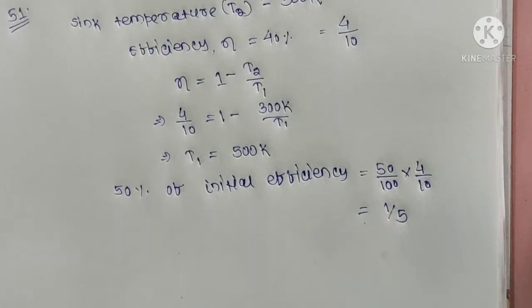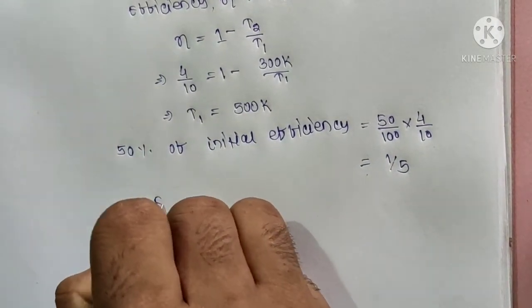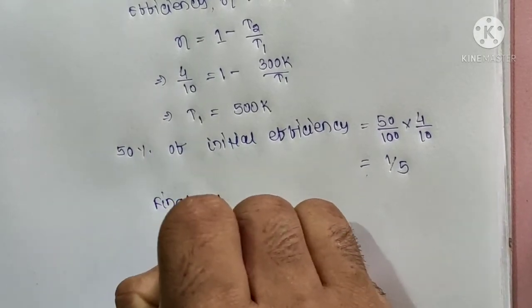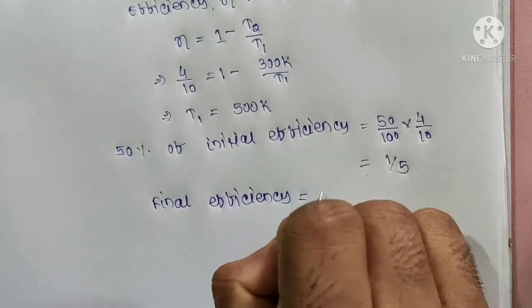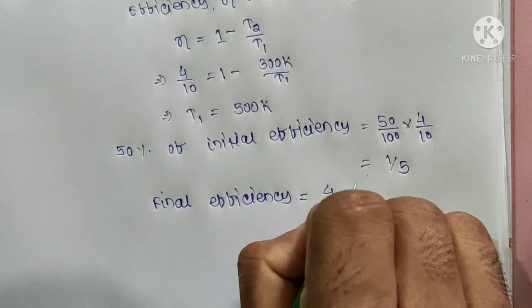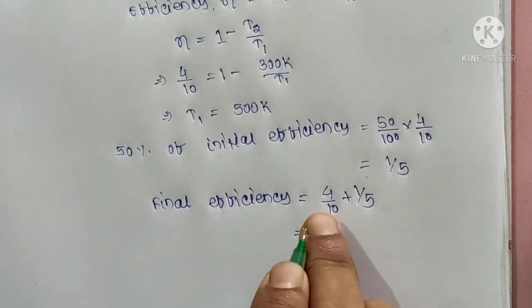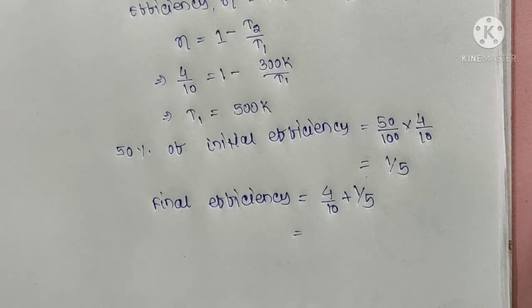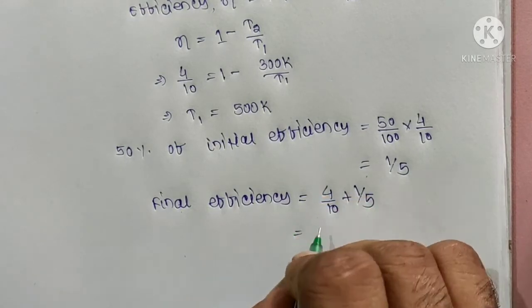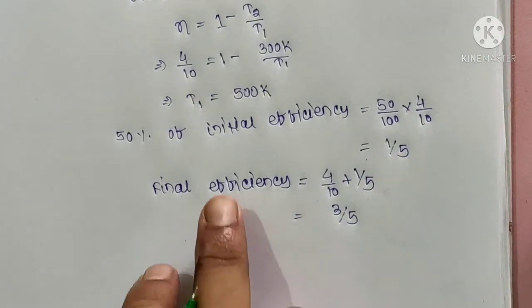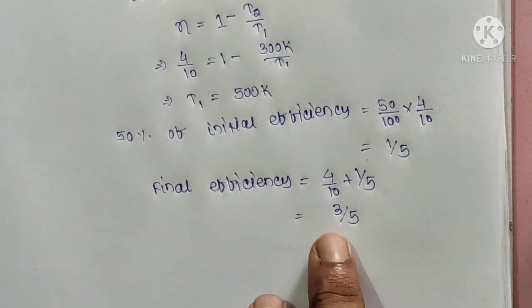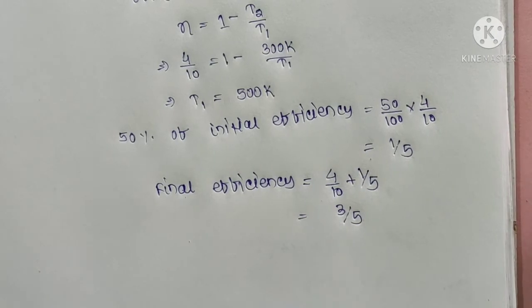So our final efficiency, changed efficiency, will be 4 by 10 plus 1 by 5. देखो, इनिशियल एफिशिएंसी की 50% इंक्रीज करना है. देखो, 4 by 10 plus 1 by 5 and it is equal to 3 by 5. So this is our final efficiency, and for this efficiency we have to calculate the change in source temperature.